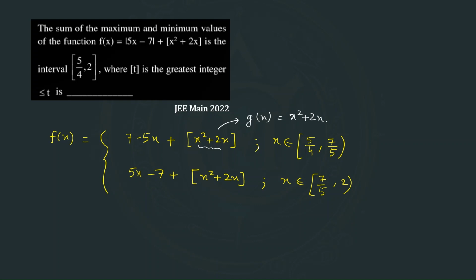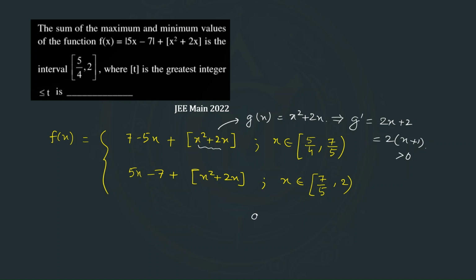Now we simply check the behavior of this function gx. So if we differentiate this function, g dash will become 2x plus 2. So 2 times x plus 1, which is positive in this given interval. So we can say that this gx function is strictly increasing in this given interval 5 by 4 to 2.